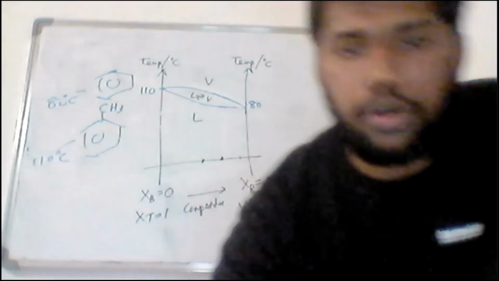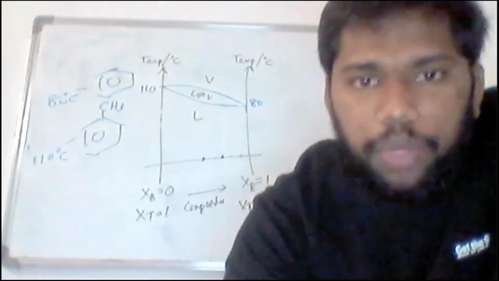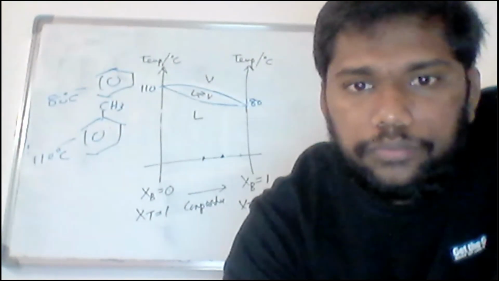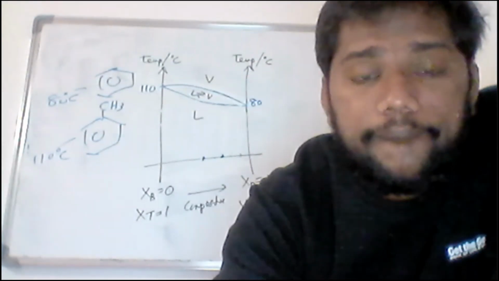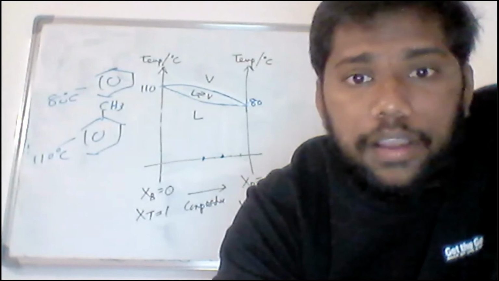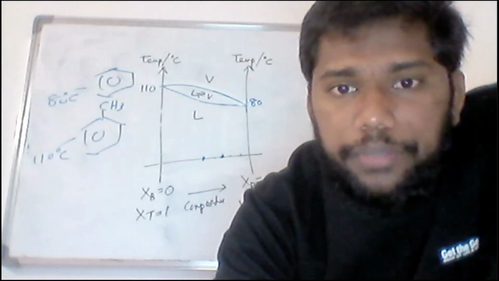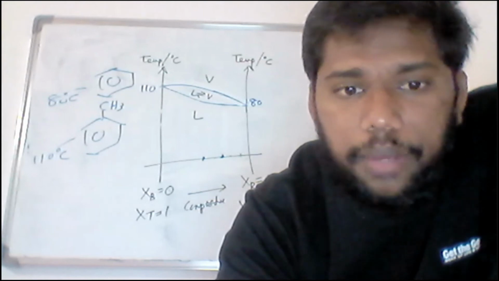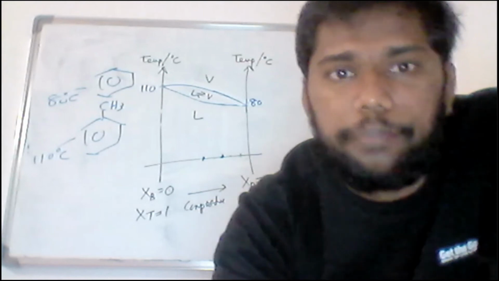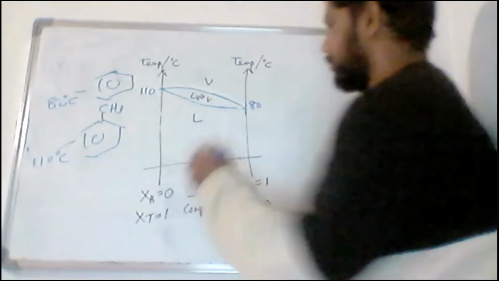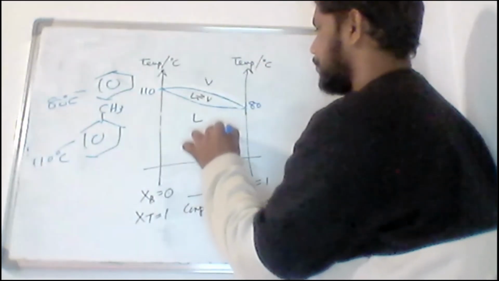What they have asked is important: mark the boiling point T1 of the liquid mixture P on the phase diagram above. So you need to mark T1. What is T1 here? This is the place that you need to show.